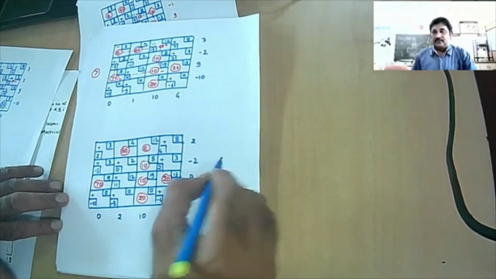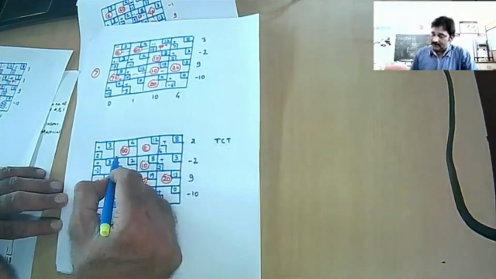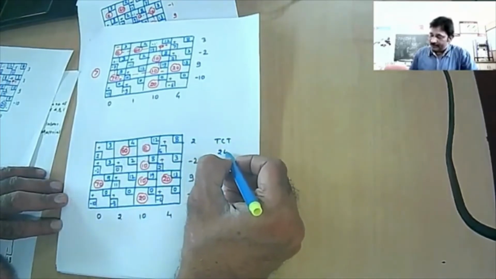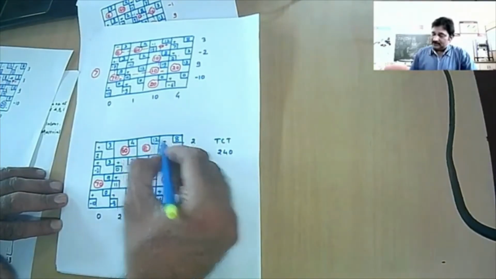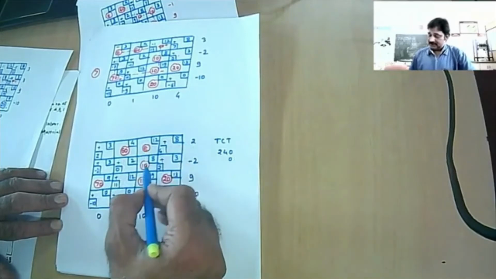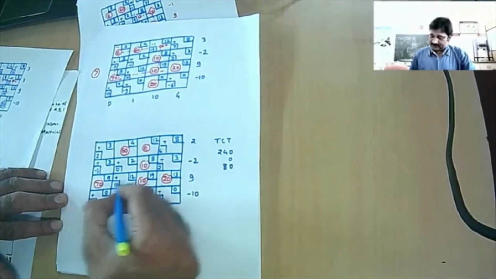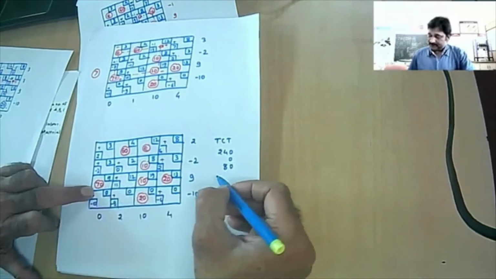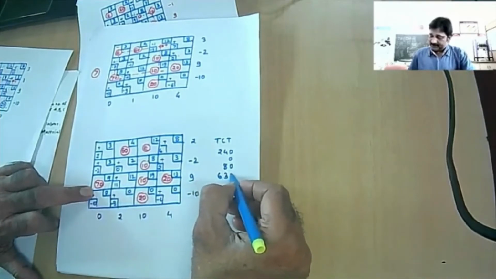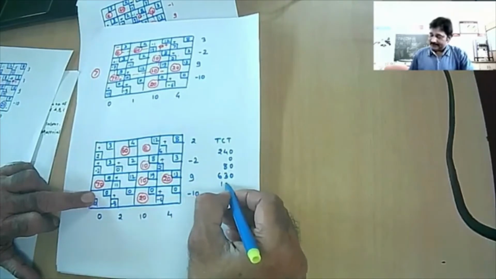Now let us find what is the total cost of transportation. Okay, 60 into 4, 240, then 12 into epsilon, 0. Okay, epsilon is 0, then 10 into 8, 80. Then this is 70 into 9, 630. Then it is coming out to be 10 into 19, 190.